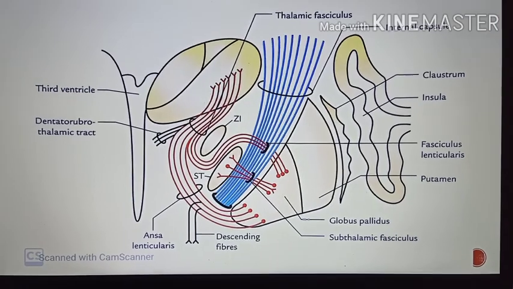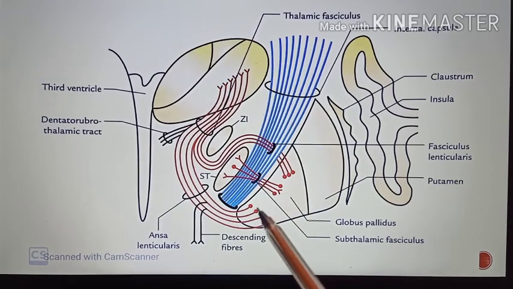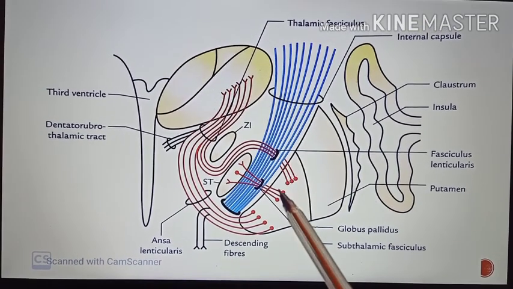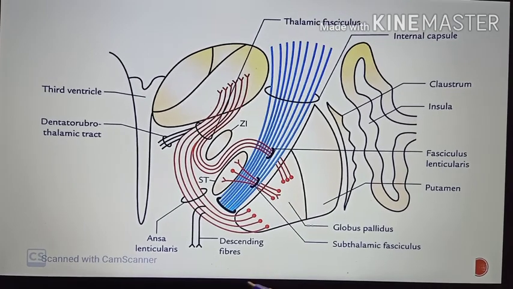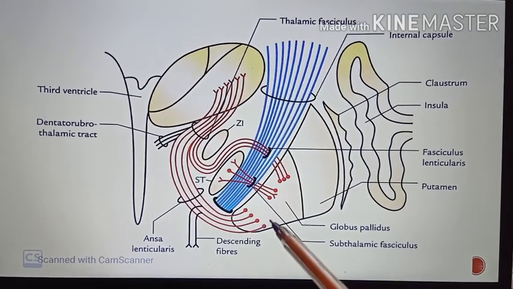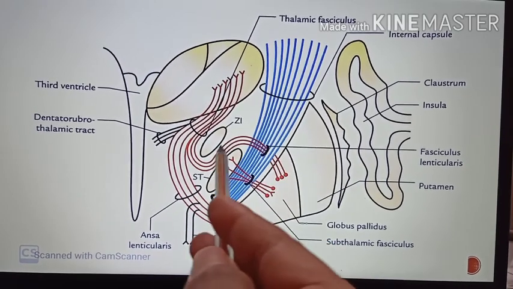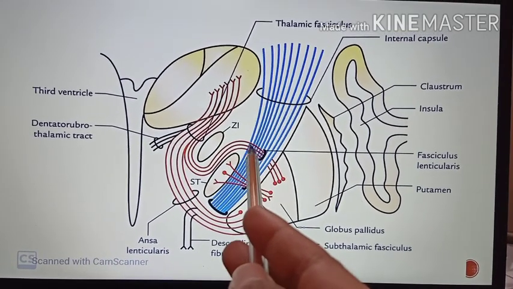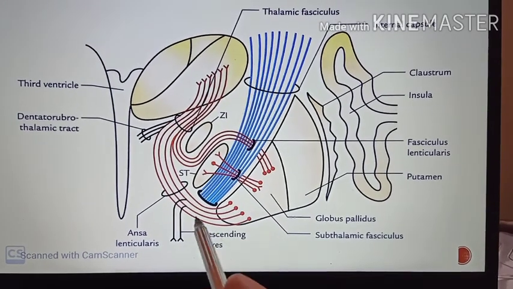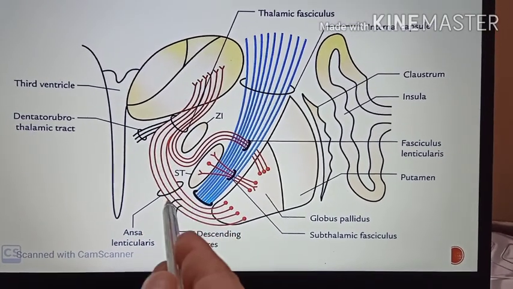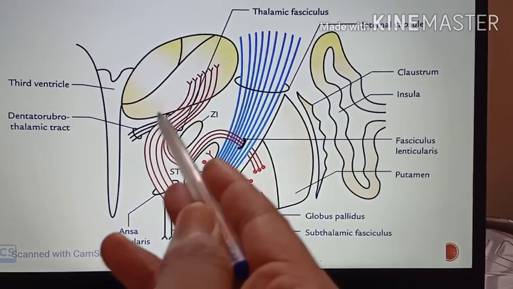Now coming to the efferent connection. Here you have the globus pallidus. From here you can see the fibers going in four separate bundles. One is the fasciculus lenticularis, which pierces the internal capsule. Then the ansa lenticularis, which forms a loop around the internal capsule.